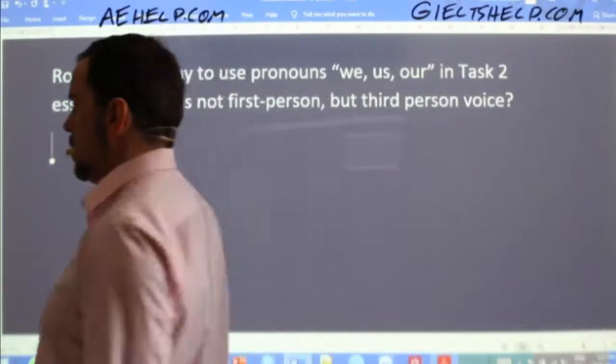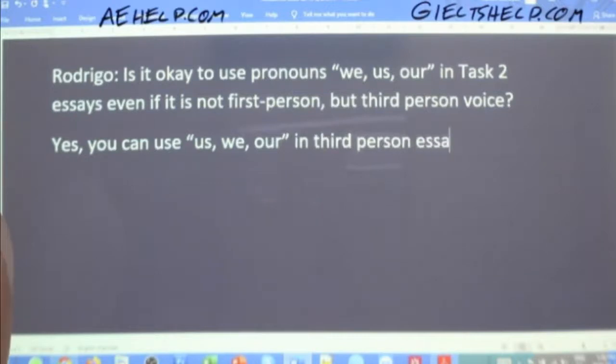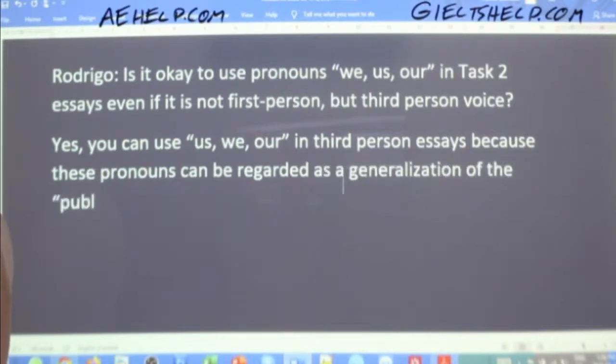Okay, so yes, you can use us, we, our in third person essays, because these pronouns can be regarded as a generalization of the public or society.